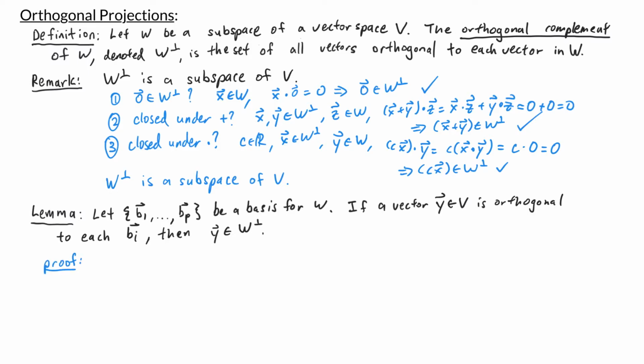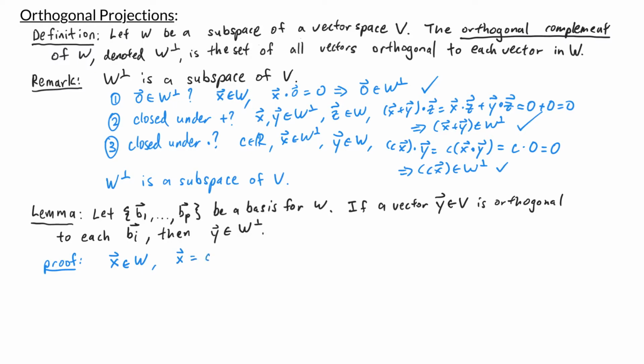So to prove this lemma, I'll start with a vector y that's orthogonal to each basis vector bi. What I want to show is that if I have any vector in W, y is orthogonal to it. So let x be any vector in W. Since the vectors b1 through bp are a basis for W, I can write x as a linear combination of the basis vectors.